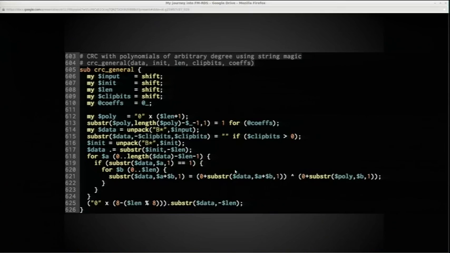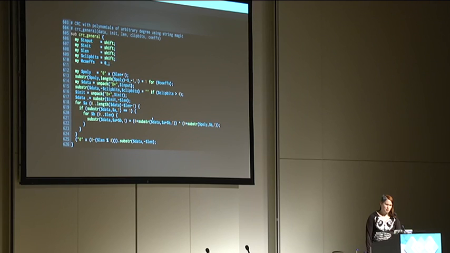I had to actually use string magic. So I'm actually concatenating strings of ones and zeros and using this kind of general CRC routine for calculating the error correction and detection. So this is DARC, and I am actually getting packets out, but I had no idea what the packets mean.